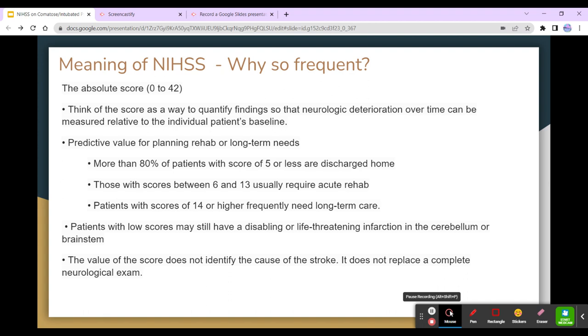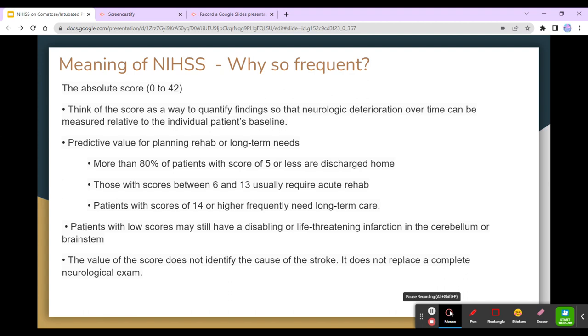Just because your patient has a low score does not mean that they will not have a disabling or life threatening type of infarction. Brainstem and cerebellar strokes may not have very high NIH levels. However, those are typically the more dangerous of the strokes, especially the brainstem.